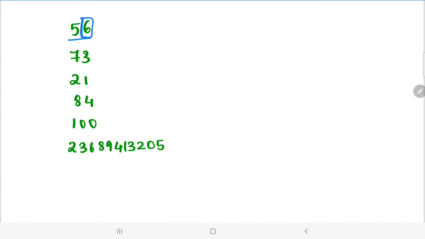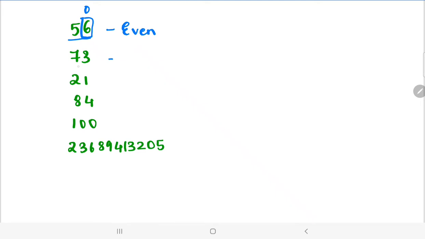How much big the number is, also we should check only the number's units place or ones place. So when we just see 6, we know that 6 is an even number. So 56 will also become even.